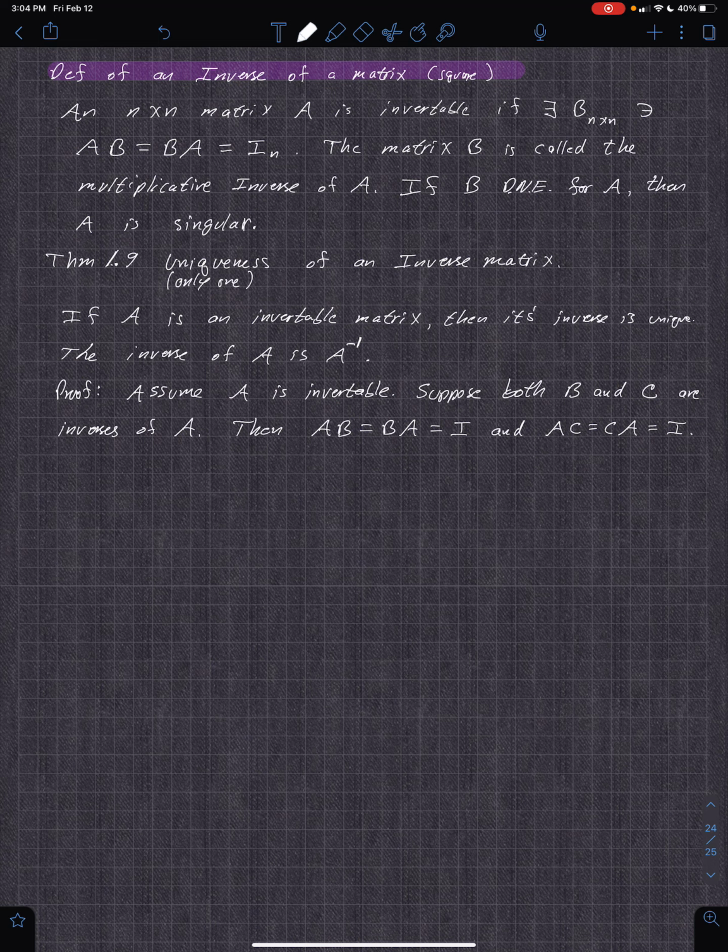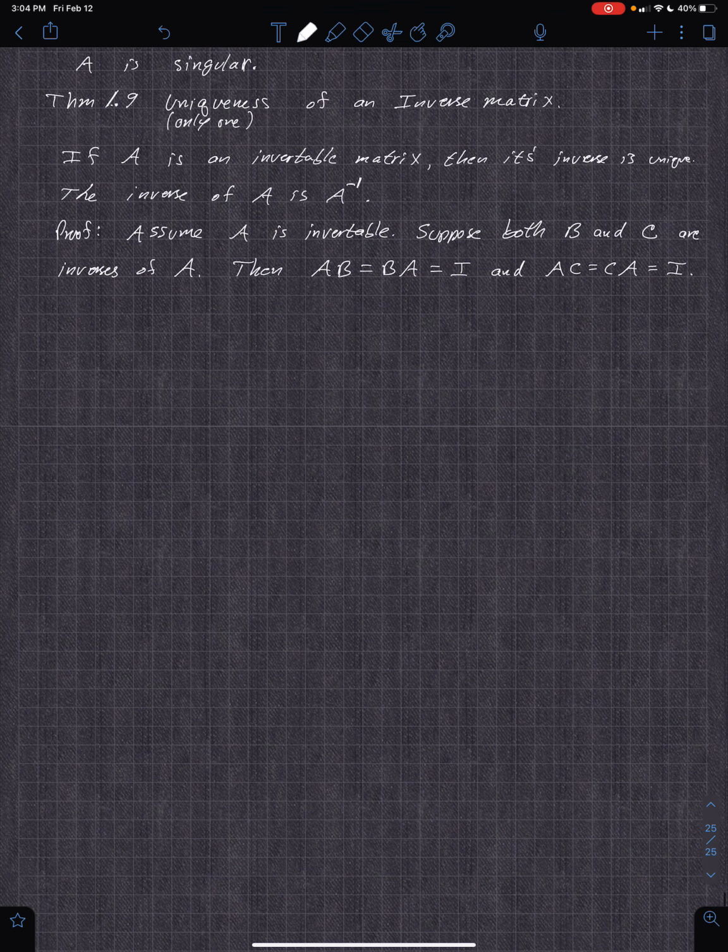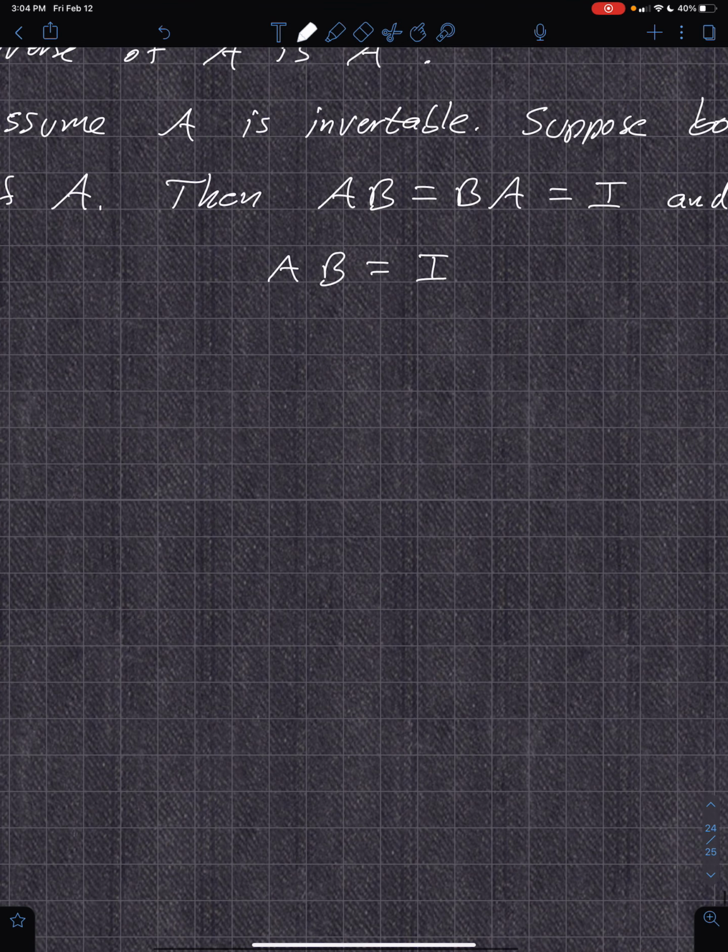So now we will show that B has to equal C. There are different ways to start this, but we're going to start with A times B is equal to I. Let's multiply both sides by C. And so you get C times AB is equal to C times I. And then we can associate.